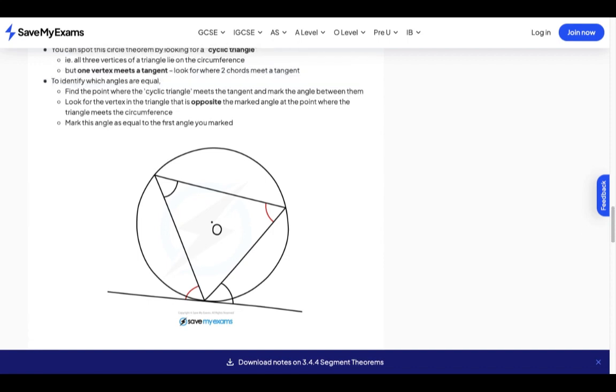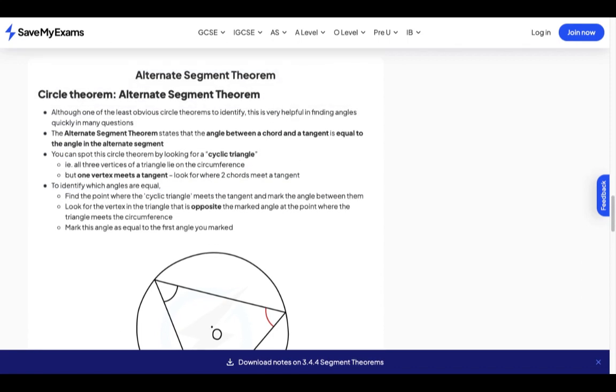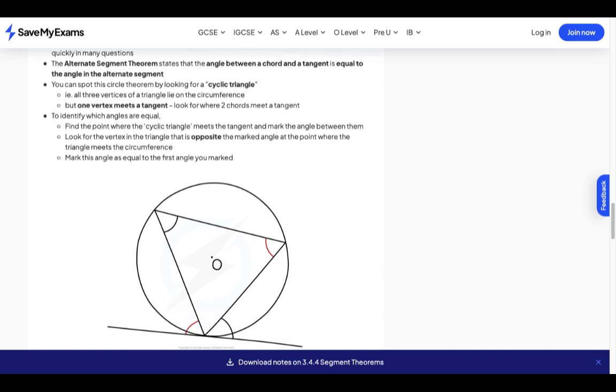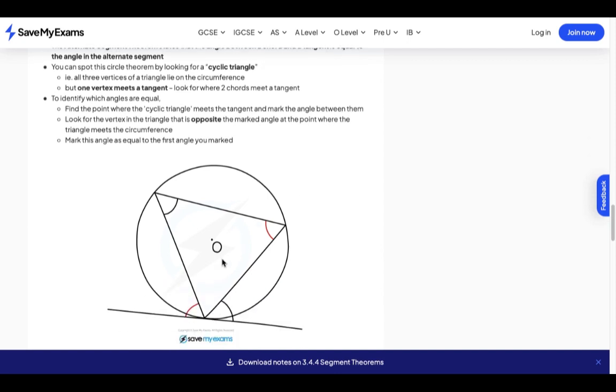This rule is for the alternate segment theory. It says that any angle between the tangent and this chord will be equal to the angle on the far alternate side.